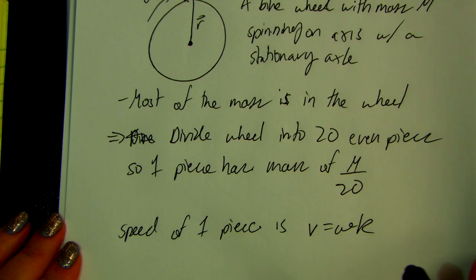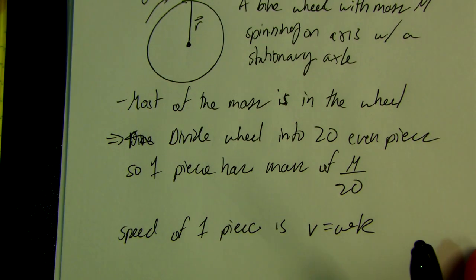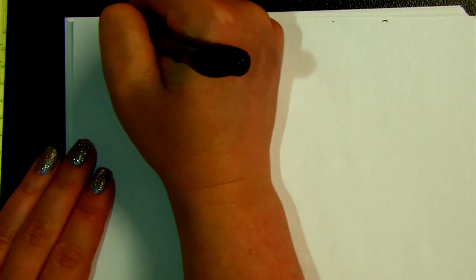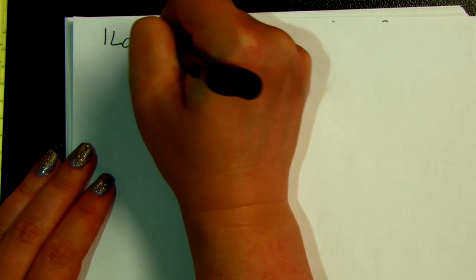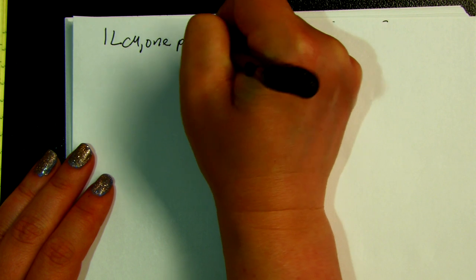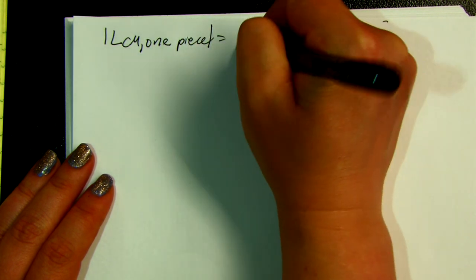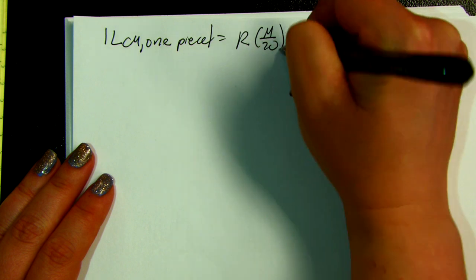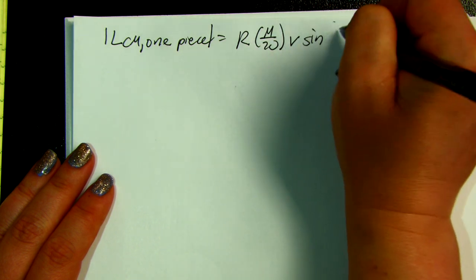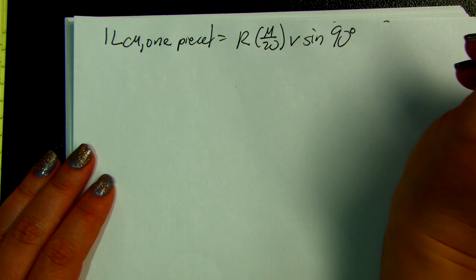Okay, so using this, the magnitude of the angular momentum about the center of mass of one piece is r times m/20 times v sine of 90 degrees.